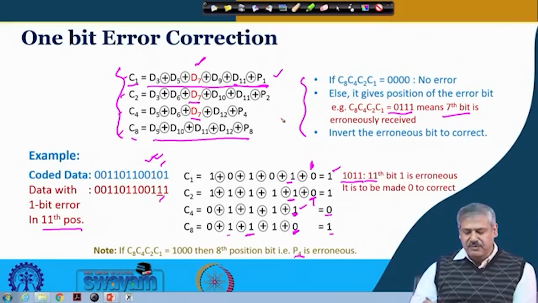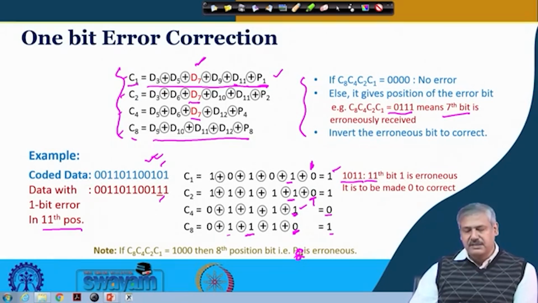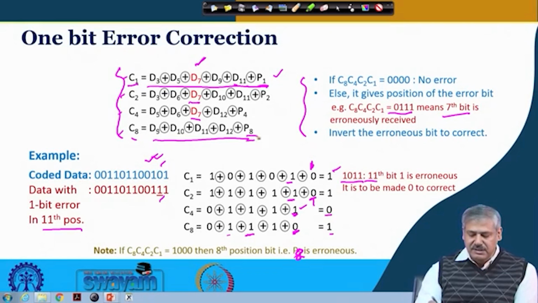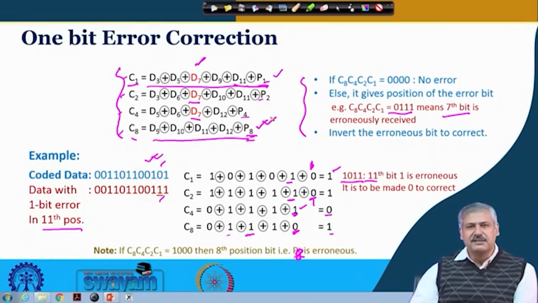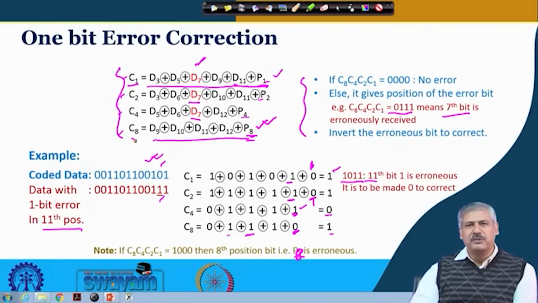Let us consider that P8 is getting corrupted. P8 is there only with this one, and not in any other places. So only because it has changed, whereas the whole of this thing should have been even parity, this output would have been 0.